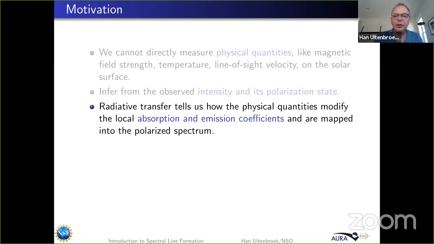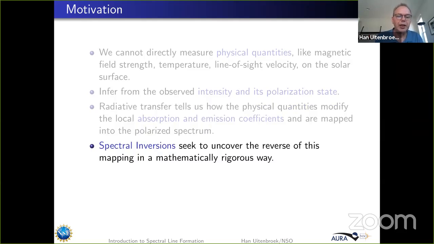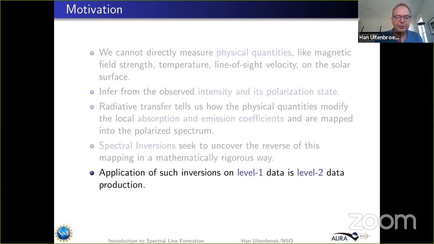And radiative transfer tells us how these physical quantities modify the absorption and emission coefficients and are mapped into the polarization spectrum. Therefore, we can use spectral inversions that use this knowledge to uncover the reverse of this mapping in a mathematically rigorous way, where we can infer the physical properties from the spectrum.